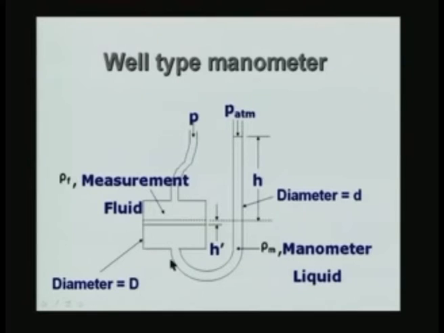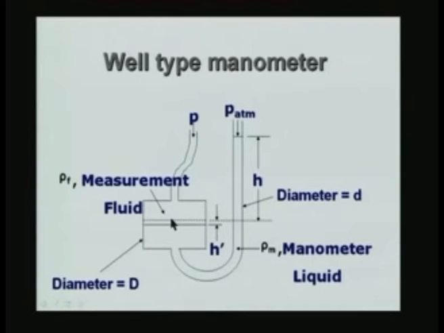The measured fluid communicates to the reservoir here, and the atmosphere communicates to the top of the manometer liquid in the limb, which is here. Again the gravity direction is vertically downwards. So, what is going to happen in this case is slightly different.